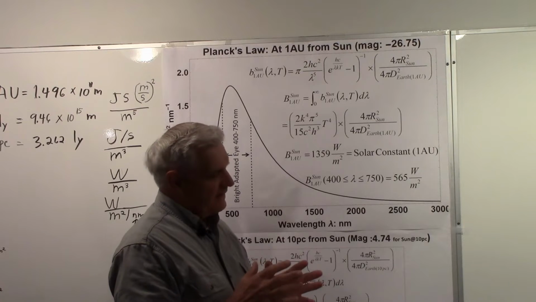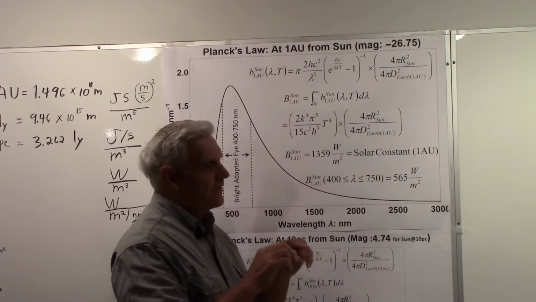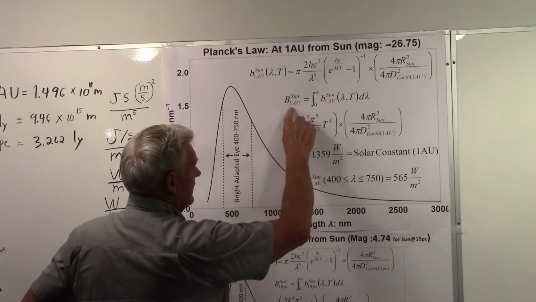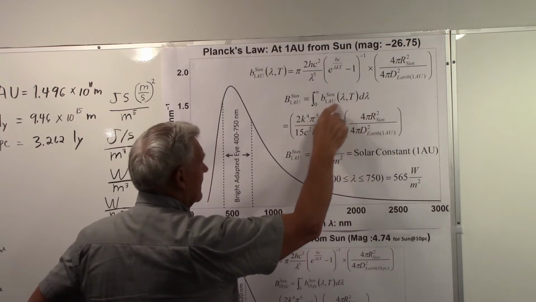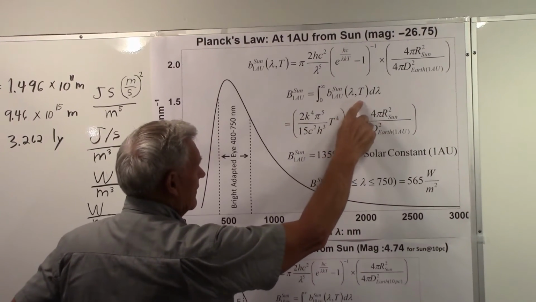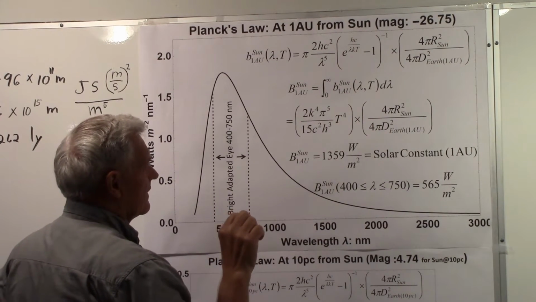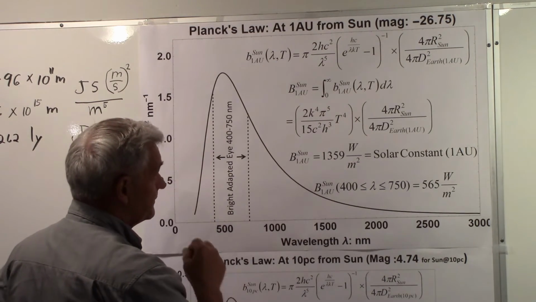And we find out then what the amount is reaching the Earth per square meter. So we do the integration to find what that total power is per square meter at the Earth's surface by looking at 1 astronomical unit away.